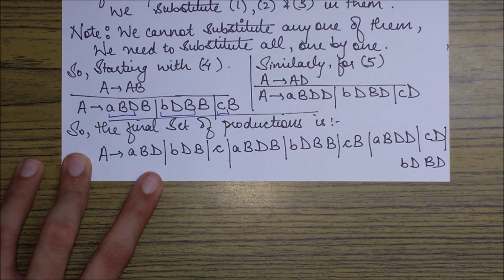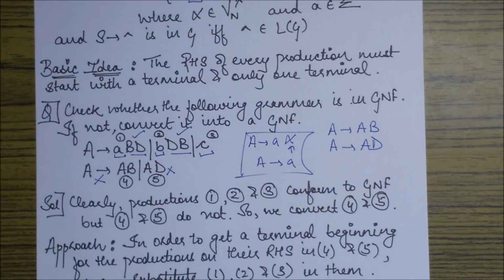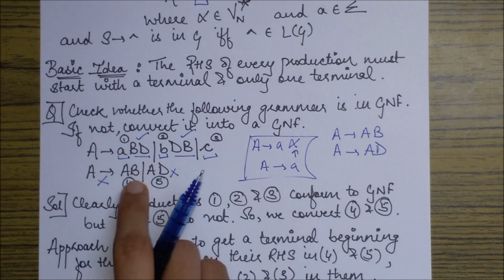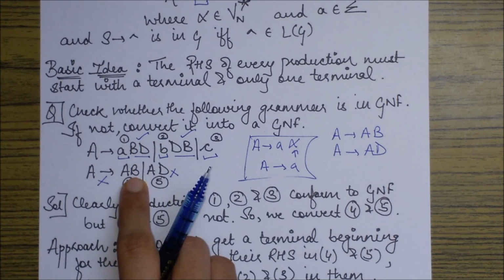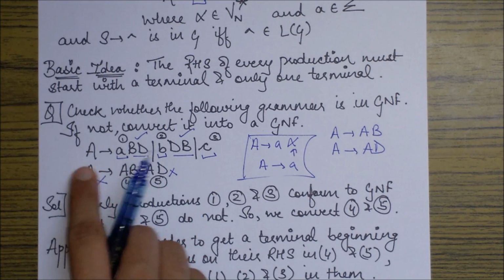Now why do we need to merge them with the original ones? Because if we see the original ones, they are A goes to this with no B following. So it is an option. We can choose this or this one. So we combine these first three with the newly obtained forms.